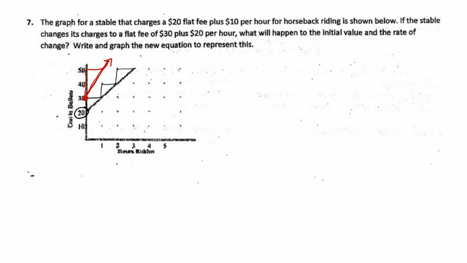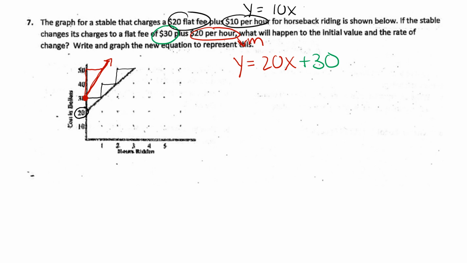What will happen to the initial value and the rate of change? Write and graph the new equation to represent this. So again, our new equation is our $20 per hour for our letter M, so that's 20x, and our initial value of the $30 fee. It compares to the original equation of $10 per hour, so that's the 10x, and the original $20 fee.